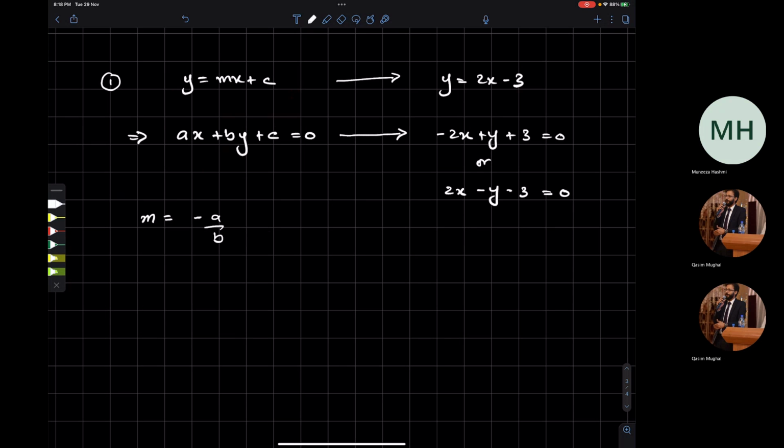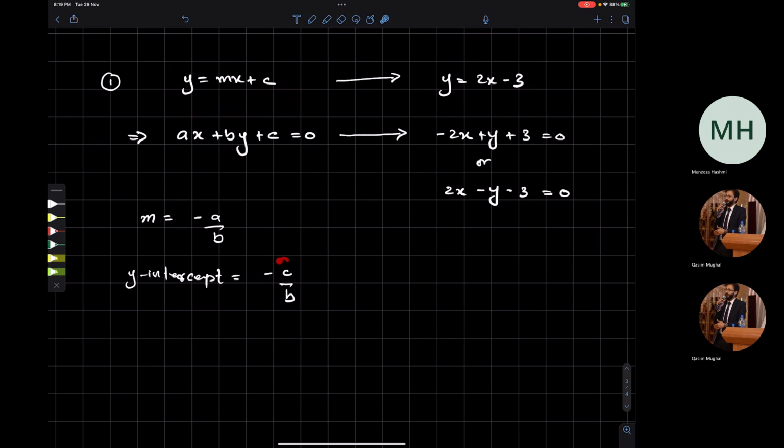Okay, so this was the gradient, and then moving on to the y-intercept. You can get the value of the y-intercept from this format as well, which is going to be minus c over b. Don't confuse this c with the c in y equals mx plus c. Clearly, they are different.